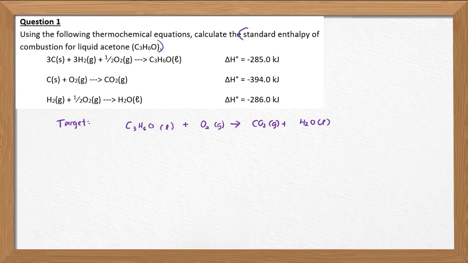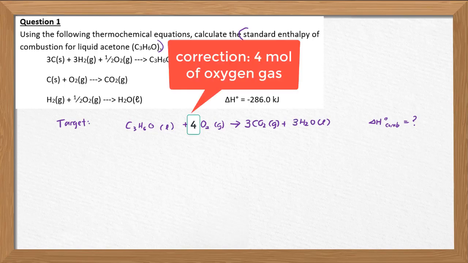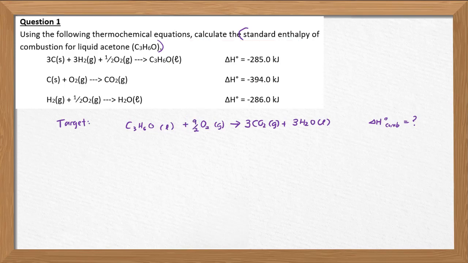According to the definition, when 1 mole of acetone is combusted, how much heat will you release? This is what we want to find, the standard enthalpy of combustion. So balance up your equation. C3H6O, we keep it 1 mole. So we have 3 mole of carbon dioxide, 3 mole of H2O, and 9/2 mole of oxygen gas. So this is our target equation based on the question of what we want to find.